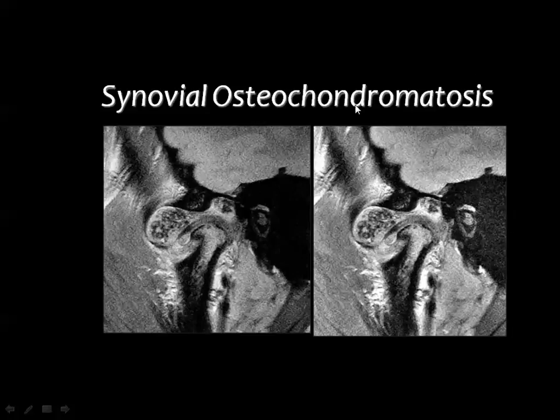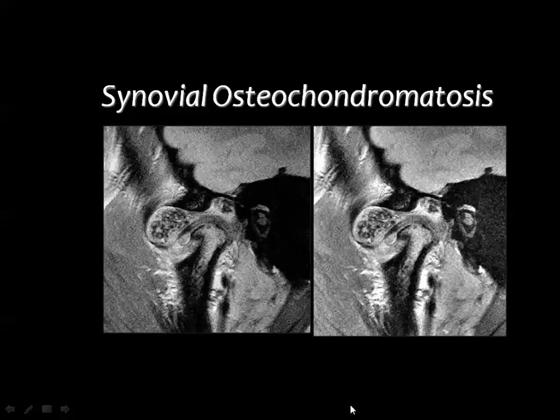This disease is very well known in the knee joint, in the hip, and in the elbow joints, but it can occur in any of the synovial joints, including the temporomandibular joint. And this is a good example where you see joint effusion and multiple loose bodies within the joint.